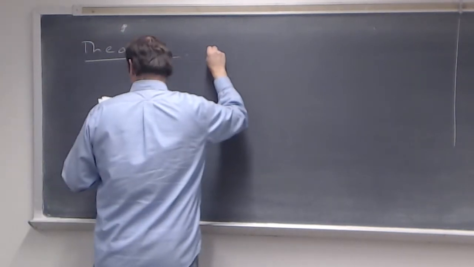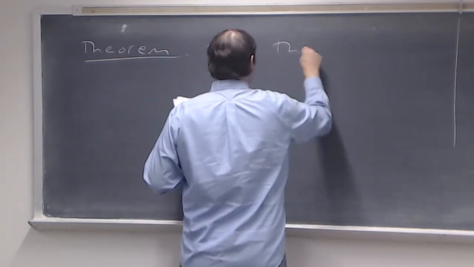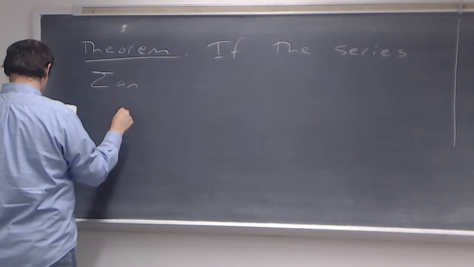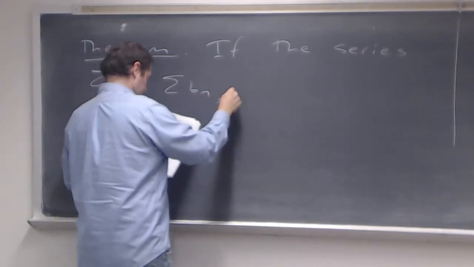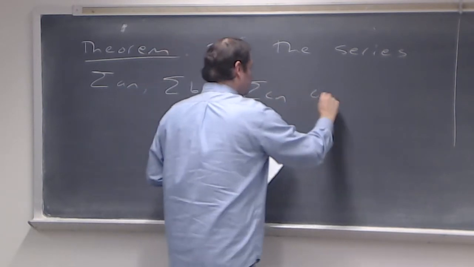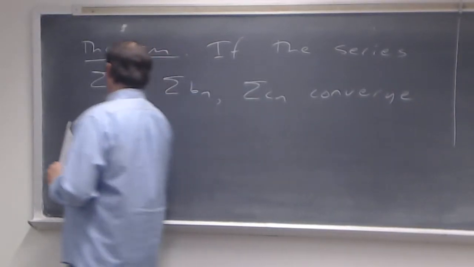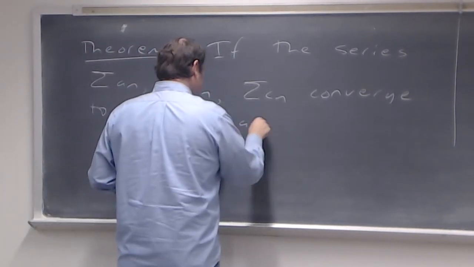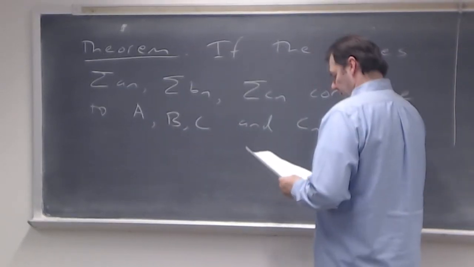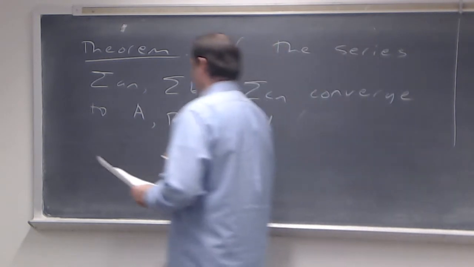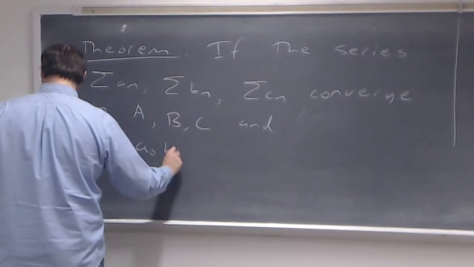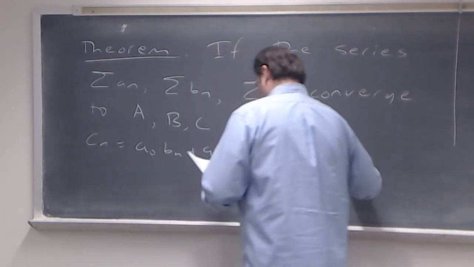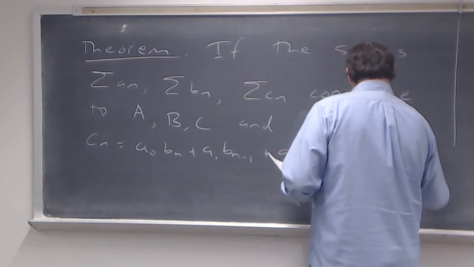statement, or theorem, that says if the series the sum of the A sub n, the sum of the B sub n, and the sum of the C sub n's converge to A, B, and C, and C sub n is equal to, let me write it down here, A sub 0, B sub n plus A sub 1, B sub n minus 1 plus A sub 2, B sub n minus 2 plus A sub n, B sub naught.